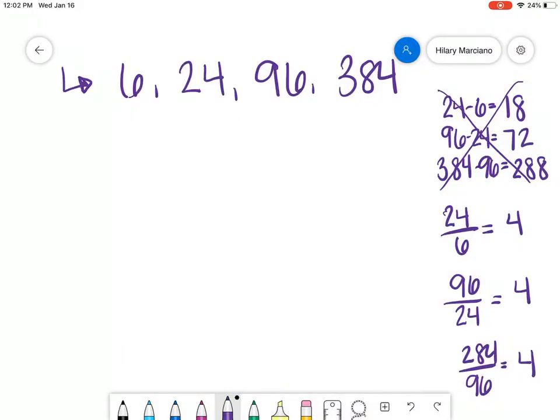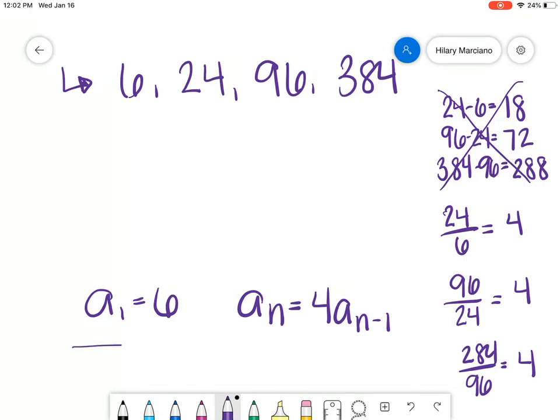So if that's the case, we know that our first term is 6, and then we need our recursive formula. So that's a sub n equals whatever our common ratio is, which is 4, times a sub n minus 1, right? Because we have our first term, and then we have our recursive formula that includes our common ratio.